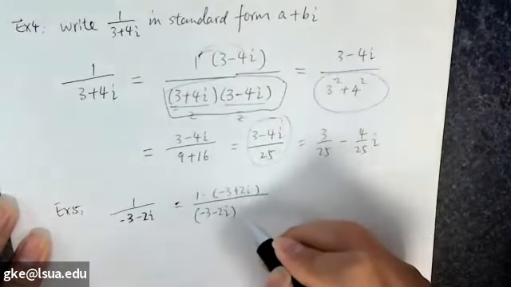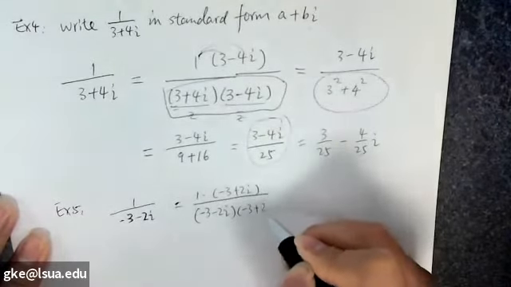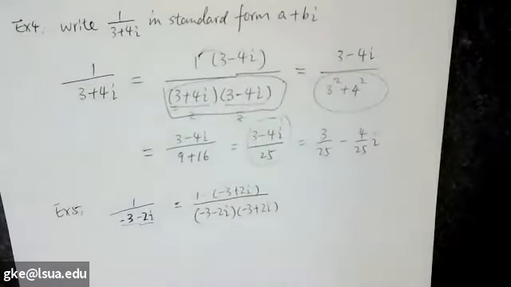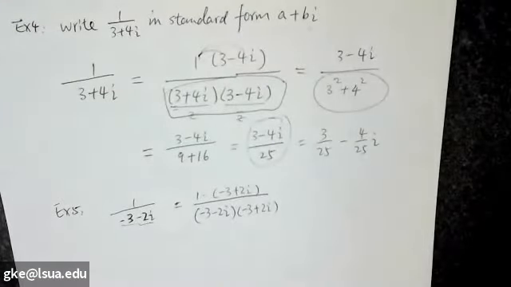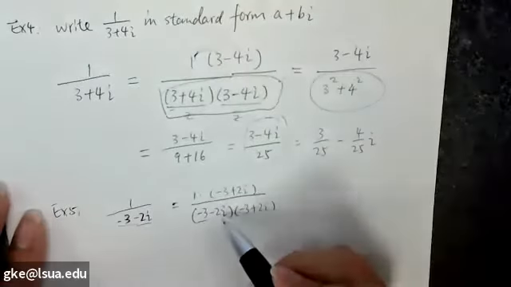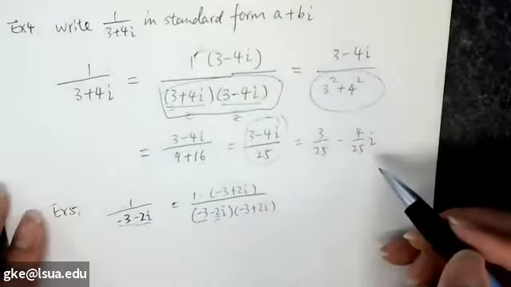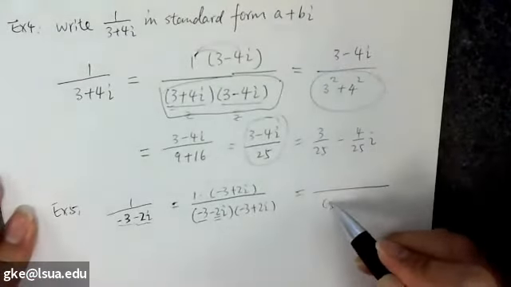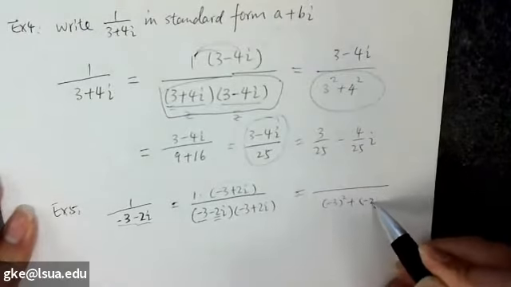The conjugate of this guy is to change the sign of the imaginary part. Then use the formula. What is the real part? Negative 3. What is the imaginary part? Negative 2. So for the denominator, it's going to be negative 3 square plus negative 2 square.